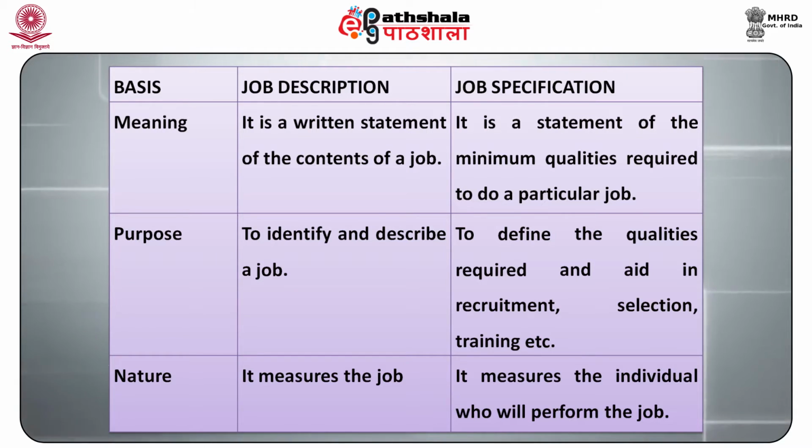The purpose of job description is to identify and describe a job, whereas the purpose of job specification is to define the qualities required and aid in recruiting, selection, training, etc. These two can be differentiated on the basis of their nature. The nature of job description says it measures the job, whereas the nature of job specification says that it measures the individual who performs the job.